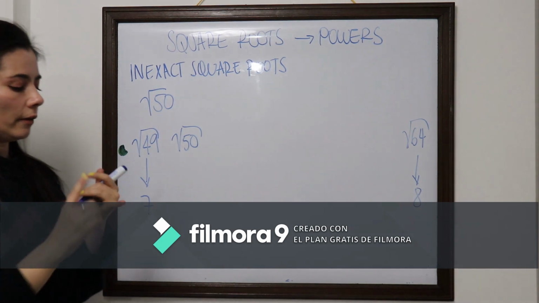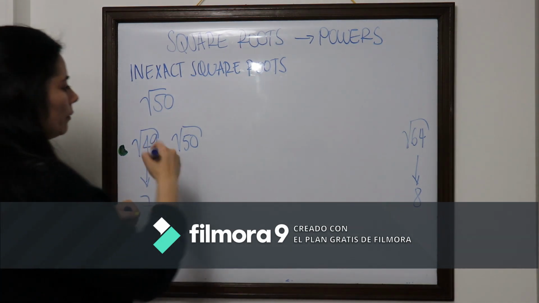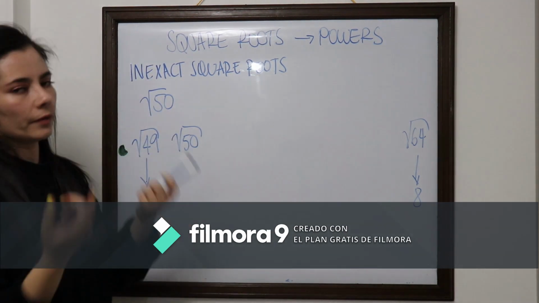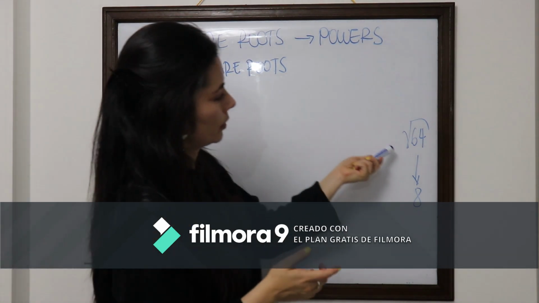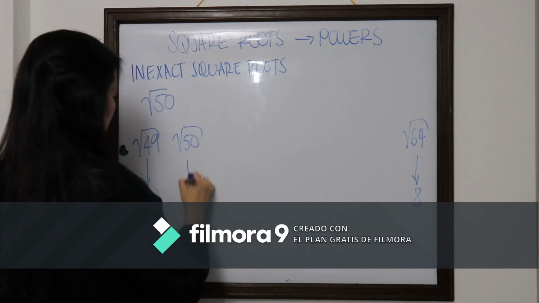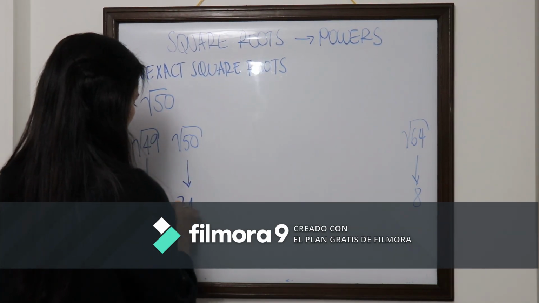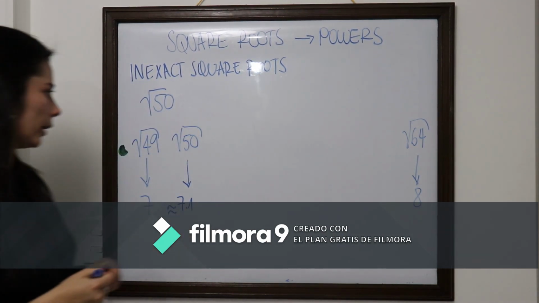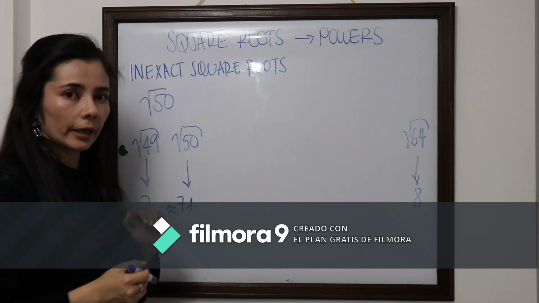There are too many: 50, 51, 52, 53, 54, 55, 56, 57, 58, 59, 60, 61, 62, 63. It's a lot. So I'm just going to say this can be max 7.1. It cannot be more than that. So that's how I work it out, okay?